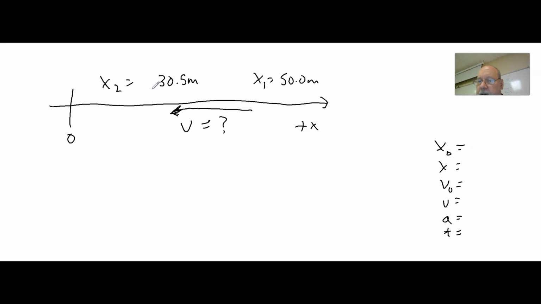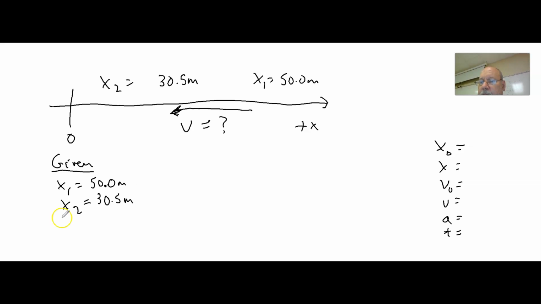First thing we need to do is write down our information, and we're always going to do it this way. Given: what values have I been given? I've been given that x1 equals 50.0 meters. I have been given that x2, my final position, equals 30.5 meters.